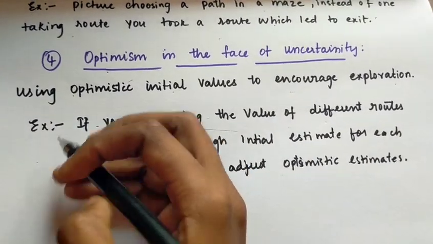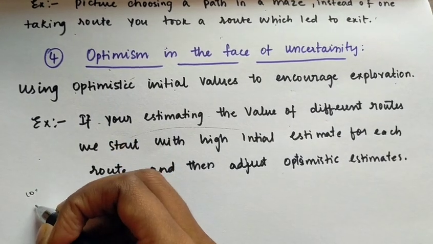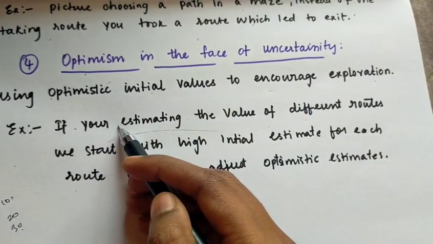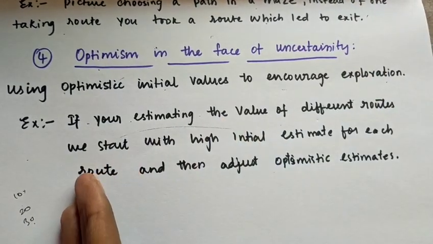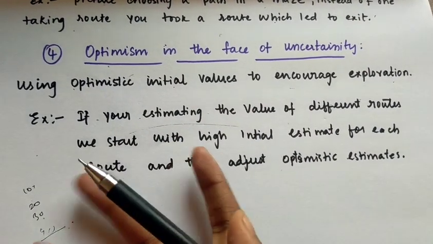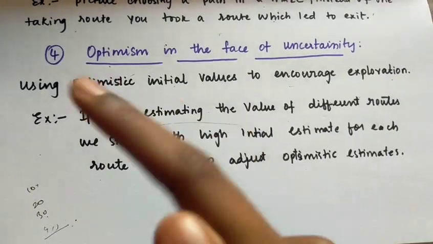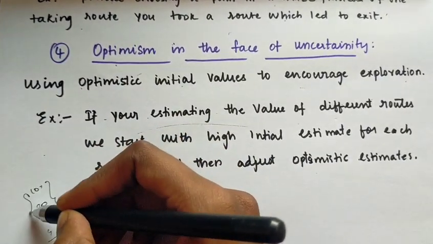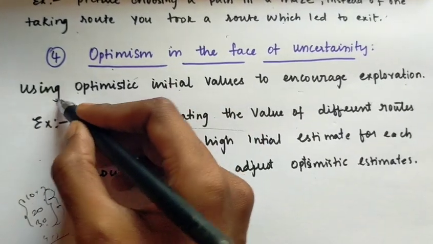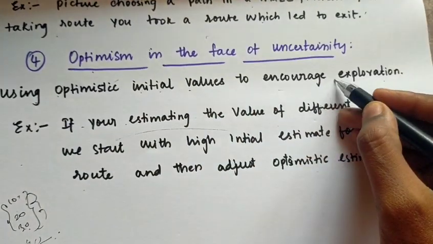If you're going to Goa, it's around 10,000. If you're going to Bangalore, it's 20,000. If you're going to Chennai, it's 30,000, like that. You're estimating the value of different routes. Then we start with the highest initial value; let's take 40 for Bangalore. Then you adjust that with an optimistic estimate, comparing it with these prices. Using optimistic initial values to encourage exploration.